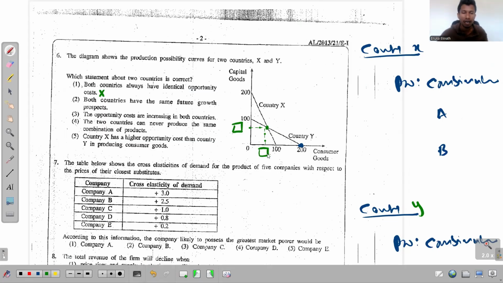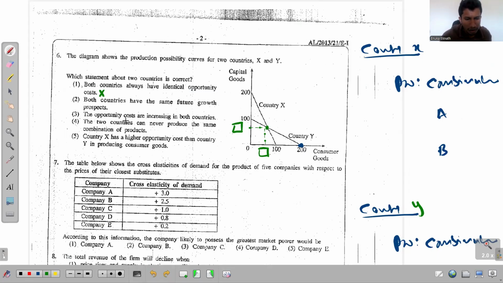So they may have the same future growth prospect in coming years, if they are engaging in the production of the exact same number of capital goods and consumer goods. It could be true. Direct answer, it may or may not be true.